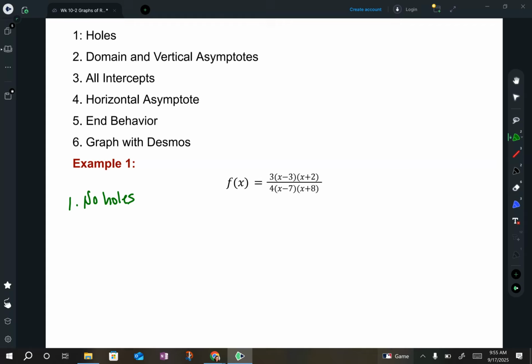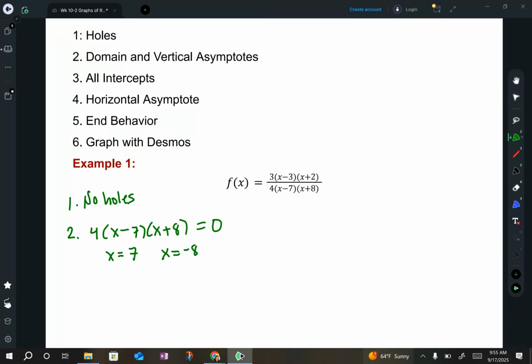All right, let's go ahead and find the domain and the vertical asymptotes. Where do we look to find that? We look at the denominator, right? We're going to set x minus 7 and x plus 8, all nice and factored for us, equal to 0 to find what to exclude from the domain and what the vertical asymptotes are. The first factor is 0 when x is 7, and the second one is 0 when x is negative 8.